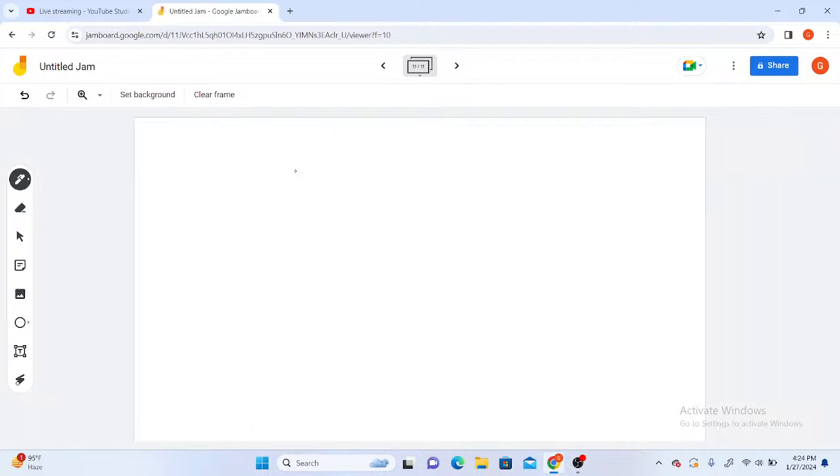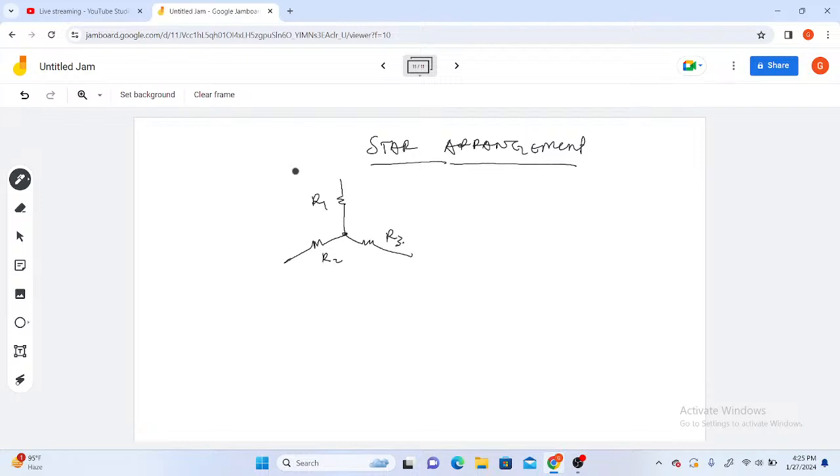So either this or this is what we call the delta arrangement of resistors. Now let's see the star arrangement of resistors. Considering the star arrangement, we have resistors arranged like this: R1, R2, then R3.